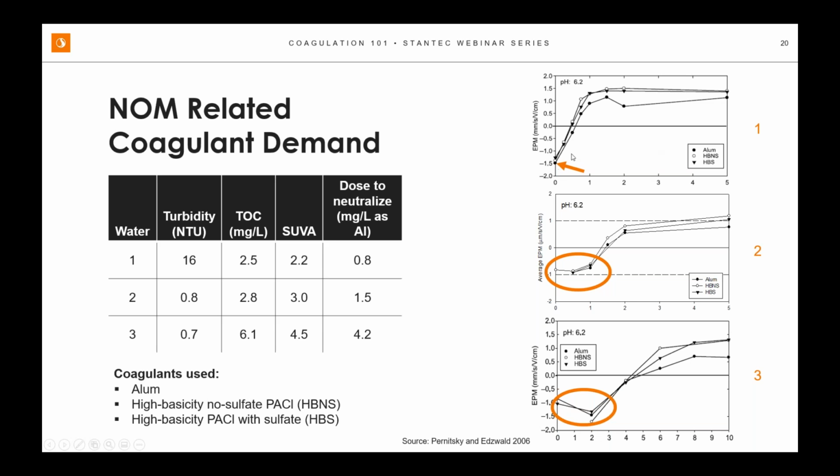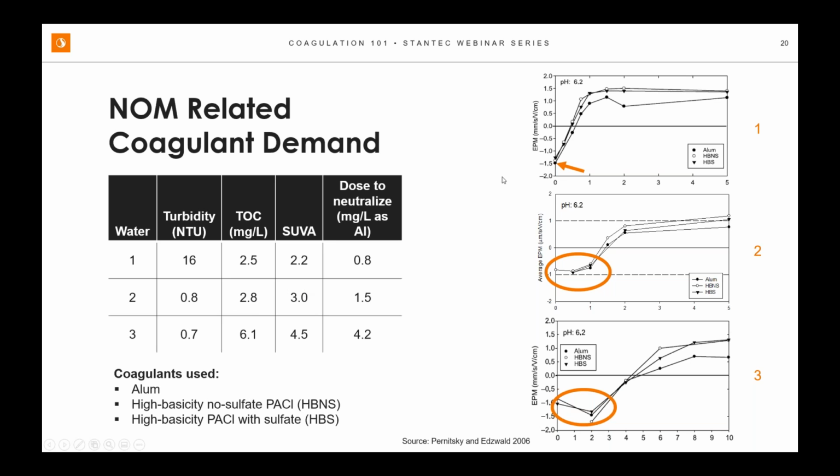So you can see in that water 1, there's not a lot of reactive organics. We add coagulant, and right away, we get charge neutralization. So the coagulant demand is essentially nothing here. Water 2 is a very low turbidity lake water. Again, moderate TOC, but its TOC is much more reactive.